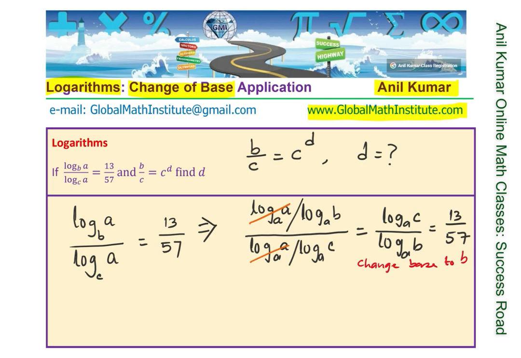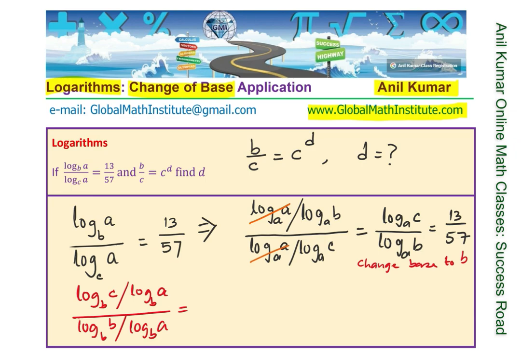So the numerator can be written as log to the base b of c over log to the base b of a, and the denominator can be written as log to the base b of b over log to the base b of a, right?